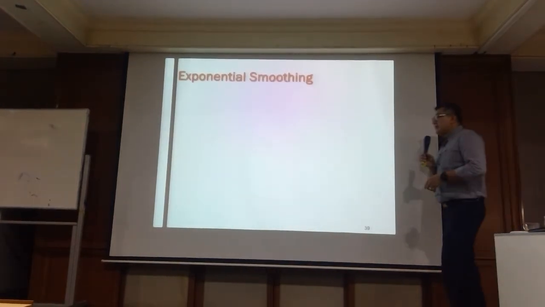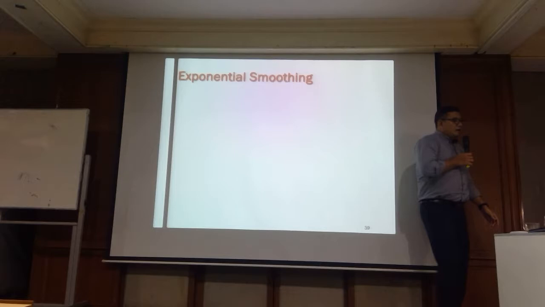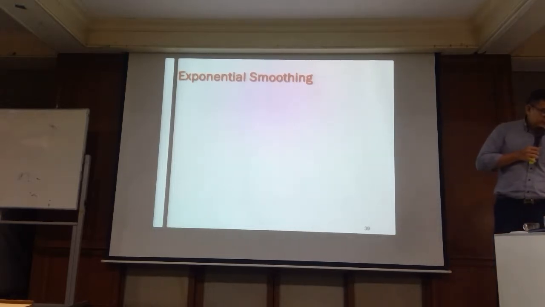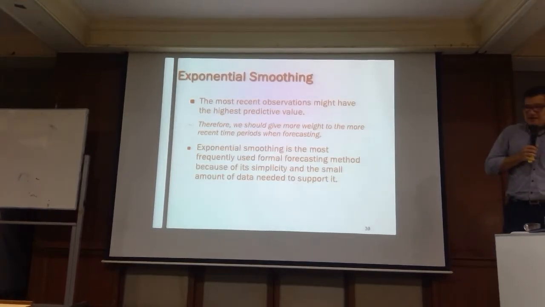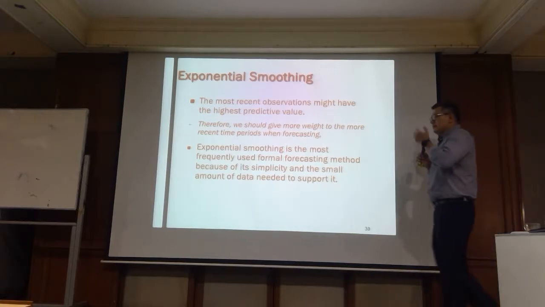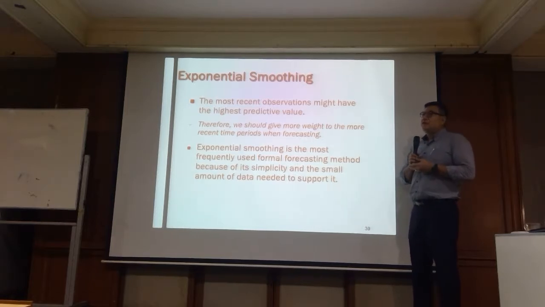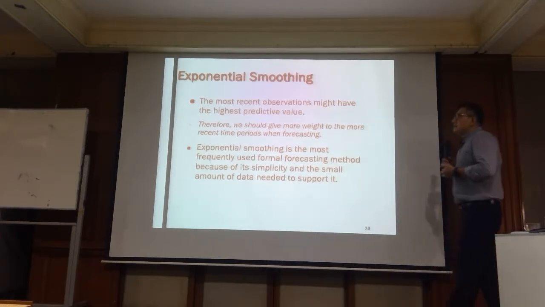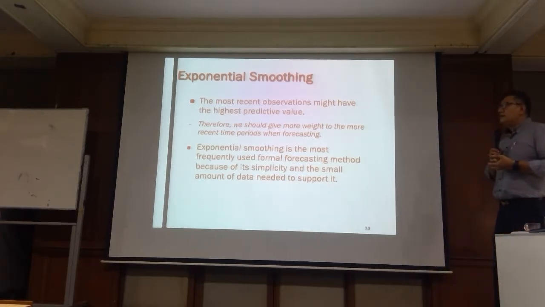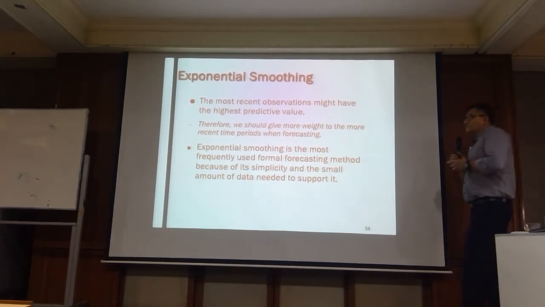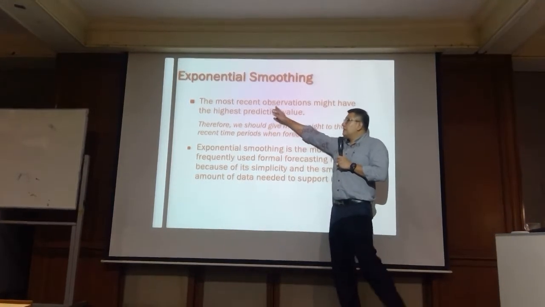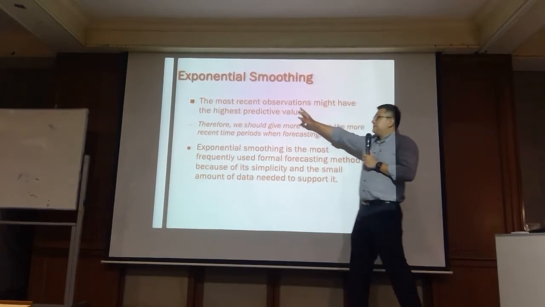Okay, the next one we call exponential smoothing. Exponential smoothing is another method within the weighted moving average concept, because exponential smoothing again gives the most recent data the highest predictive value.